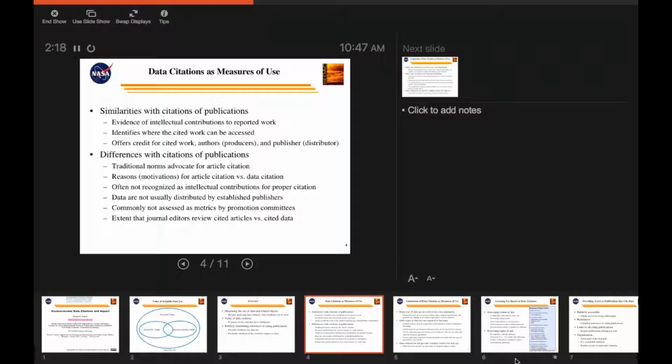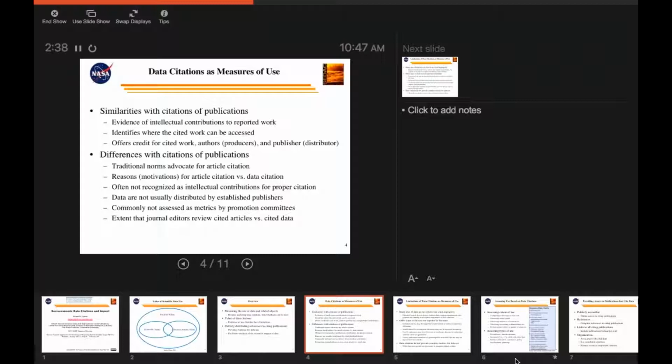And there's the question of the extent to which the journal editor reviews the cited articles versus reviewing the cited data. It might not be that the journal editors even have the skills to do that.